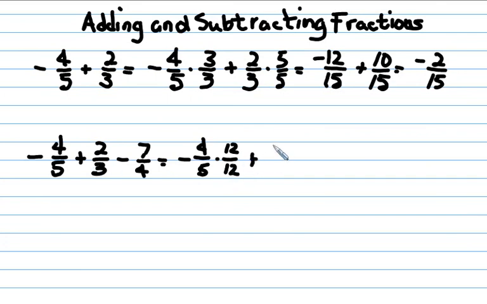Now the 2/3, it looks like the 3 is missing the 5 and the 4. So I will multiply this one by 20 over 20. And then the last one, 4, is missing the 5 and the 3. 5 times 3 is 15.